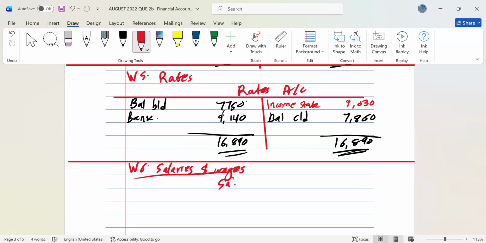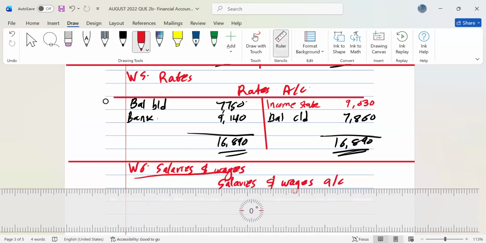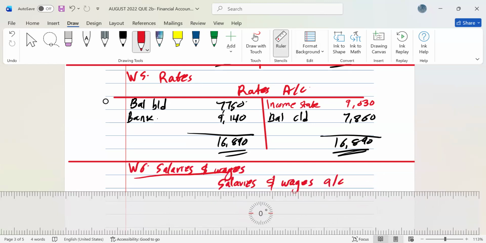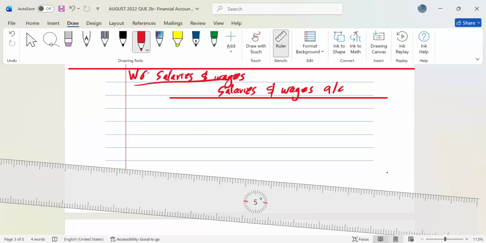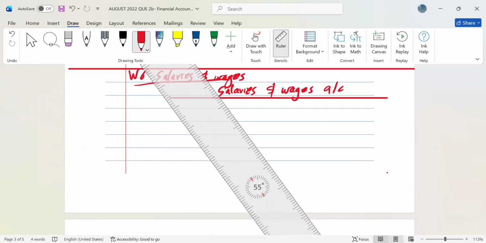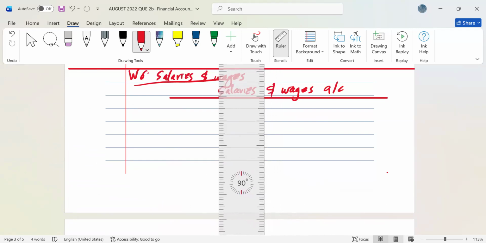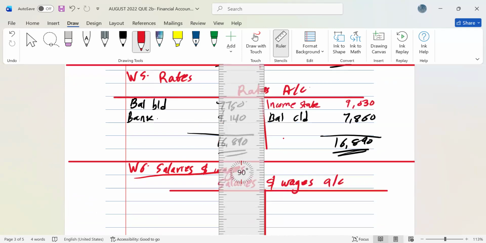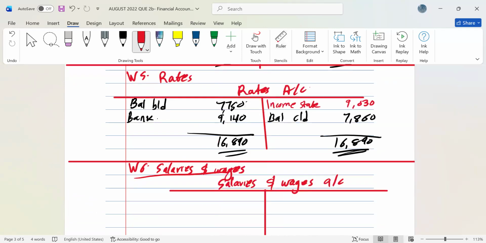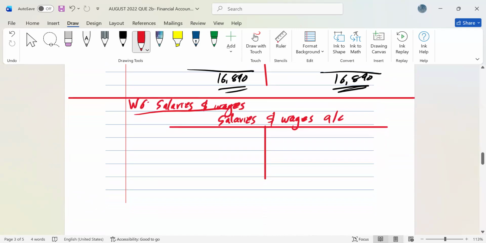So that is the salaries and wages account. Being an expense, its balance brought down will be debited.